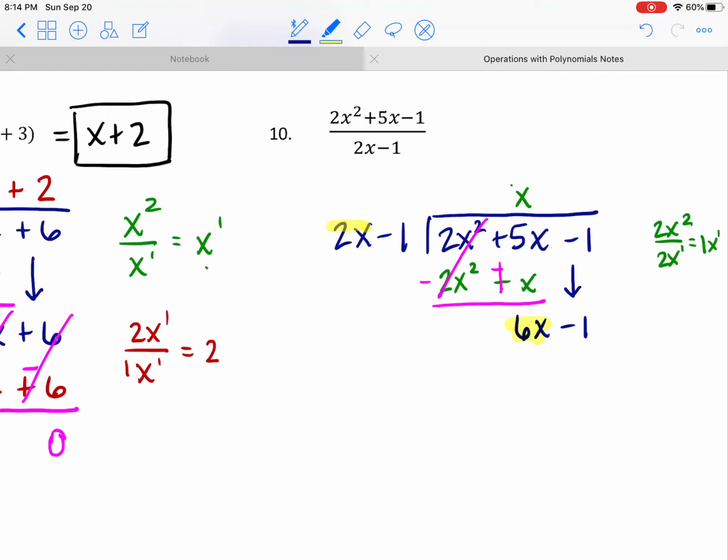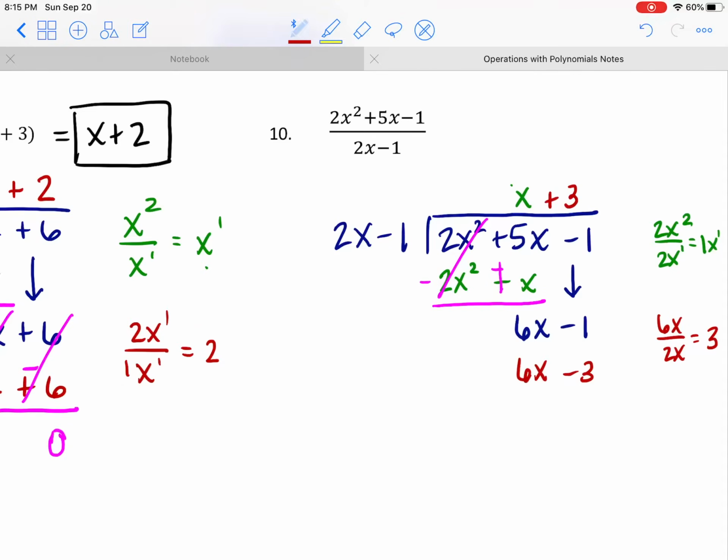I'm going to divide my first term by my first term. So 6x divided by 2x. Let me do that work on the side. What is 6x divided by 2x? That's just going to be 3 because those x's will cancel. So positive 3 goes here, and then I multiply. 3 times 2x is 6x, and 3 times negative 1 is a negative 3.